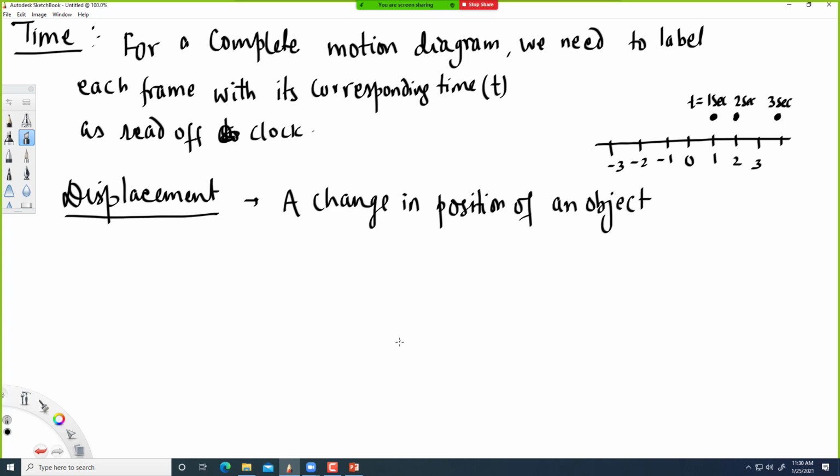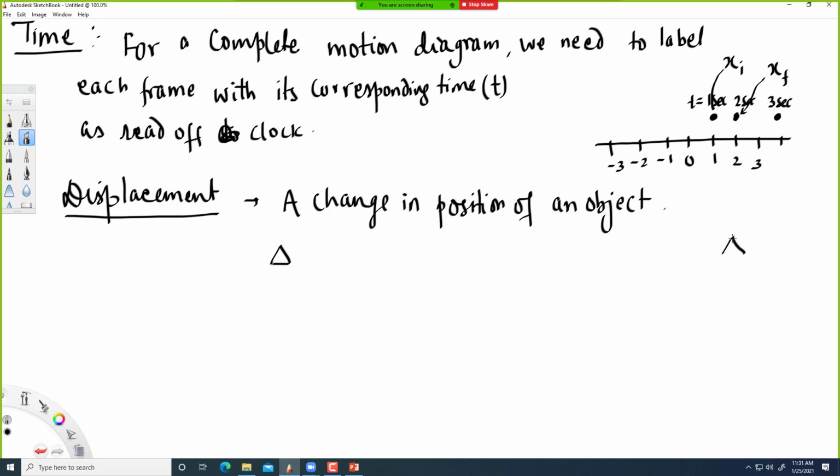So initially, let's say you are at this position. Initial position, we know position is denoted by letter x. If it is initial, we write the subscript i, x sub i. And after some time later, your position is here. So position is denoted by x, and its final position is denoted by x sub f. So change is denoted by this delta symbol.